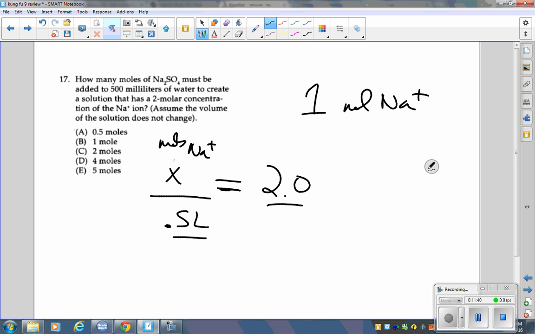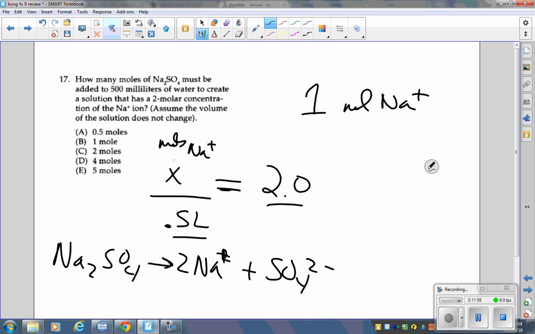But remember, Na2SO4 breaks up into 2 Na+ and SO4 2-. So if I only need 1 mole of this, how many moles of this would I actually require? How many moles of Na2SO4 would I require? It would be 0.5. Or you could do it in a grid.